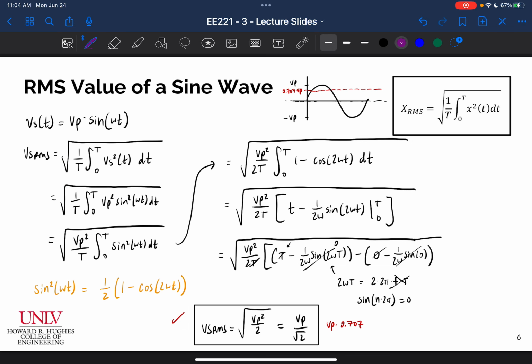This solution is general. If we know the peak value of the sine wave, which we do for our voltage and our current, the RMS value is the peak value divided by the square root of 2, or 0.707 times the peak value.